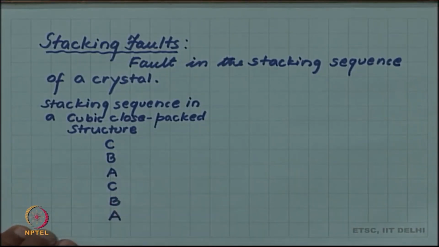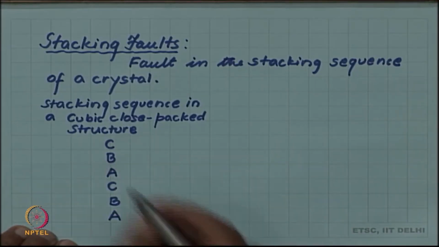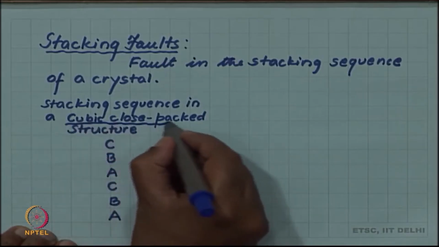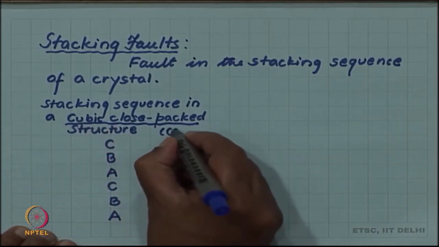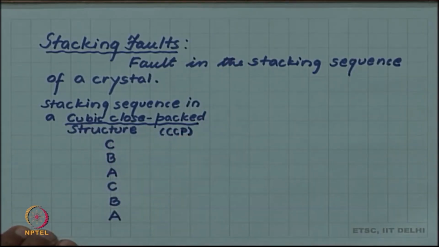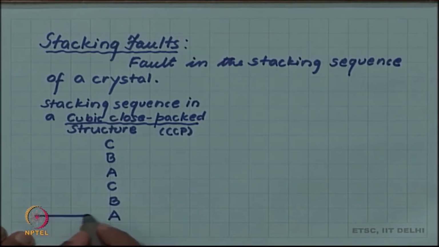We know that ABC stacking sequence, we have studied about it, gives us a cubic close packed or a CCP structure. So, each of these letters, as you know, represents a close packed plane.